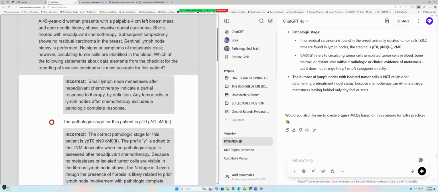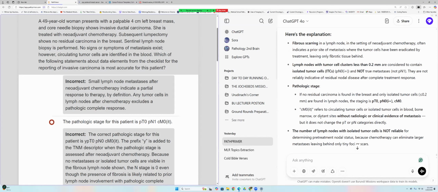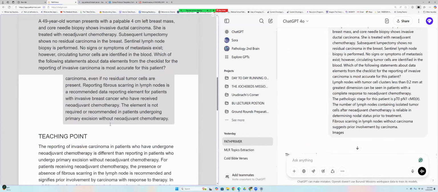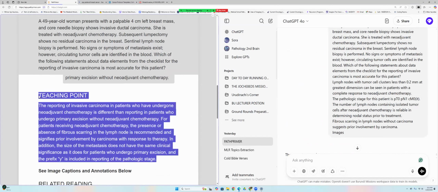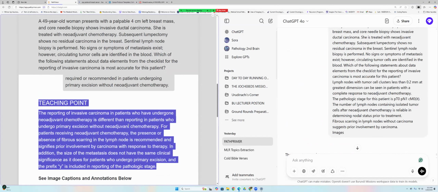The number of lymph nodes with isolated tumor cells is not reliable for determining pre-treatment nodal status, because chemotherapy can eliminate larger metastases, leaving behind only tiny foci or scars. So let's quickly go to this point. What's the main thing we gain from this question?